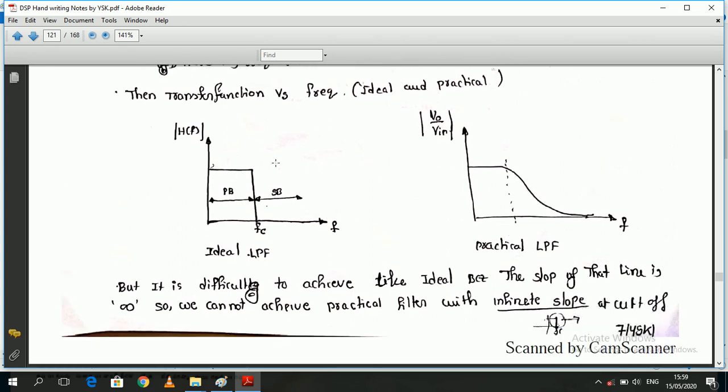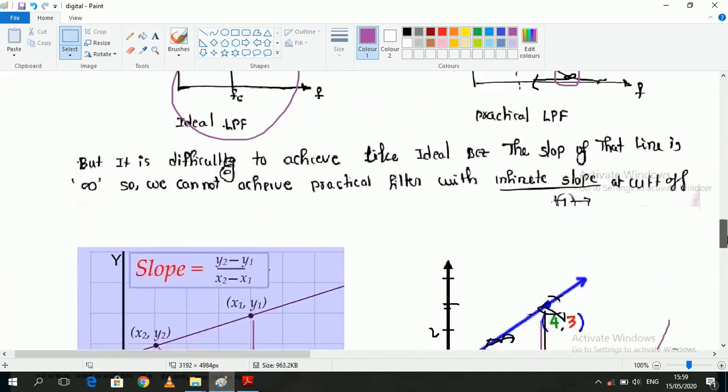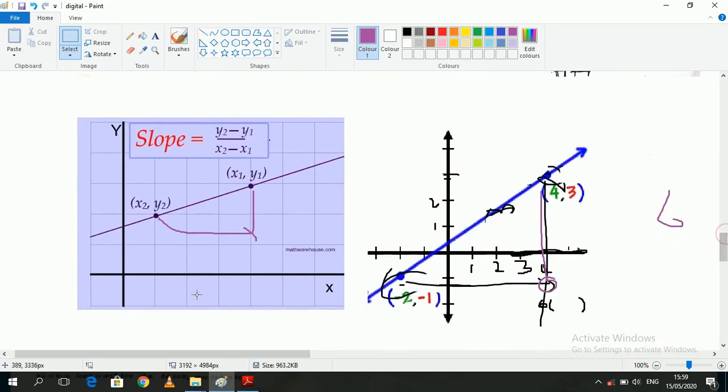But if you observe, what is the slope of this vertical line? This is infinity. If you see this concept, you can understand why it is infinity. The slope of this line is (y2 minus y1) divided by (x2 minus x1). For example, if you observe the line through 4, 3 and minus 2, minus 1, the slope of this line by applying this formula we get some value.